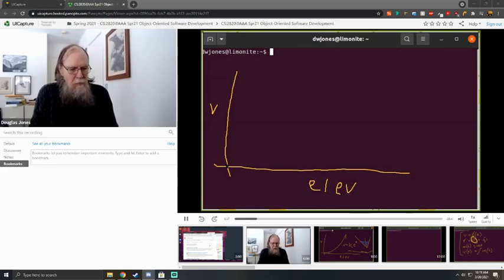And what we get there is a cubic curve. So V is some constant times elevation cubed.